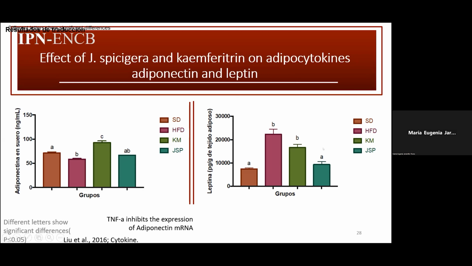In this case, the reduction is important because leptin promotes the expression of pro-inflammatory cytokines, whereas adiponectin inhibits the expression of pro-inflammatory cytokines.